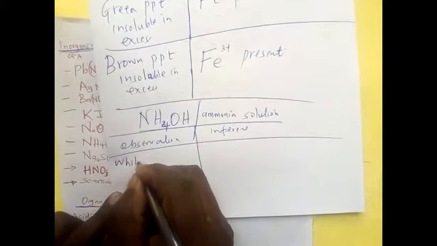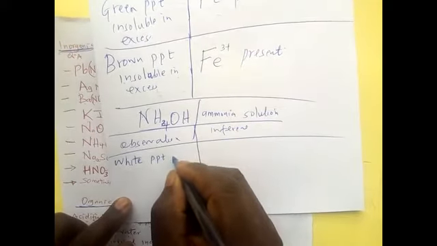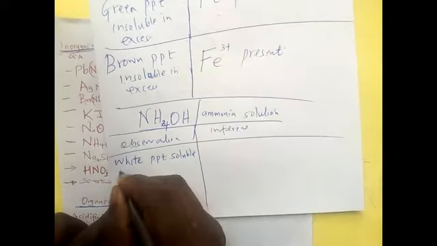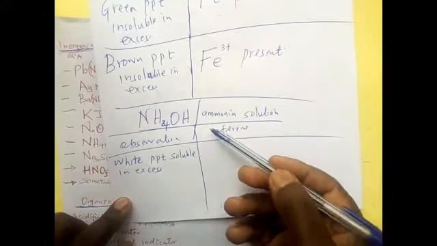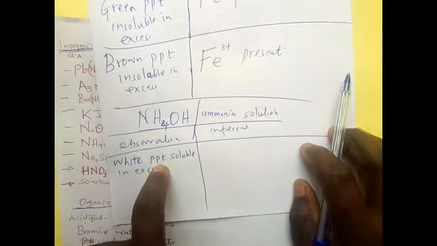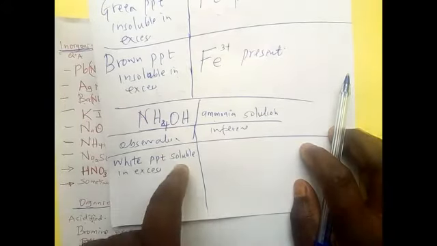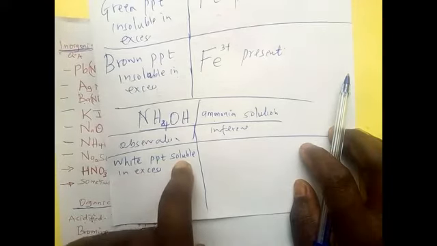A white PPT, soluble in excess. So if you are adding ammonia solution, a white precipitate is formed, which then, after you add in excess, dissolves to form a colorless solution.